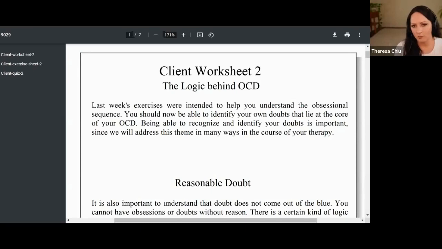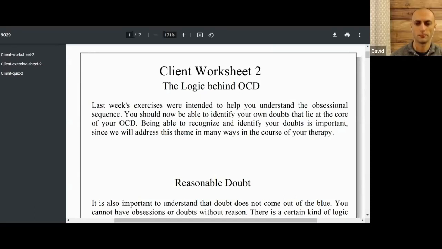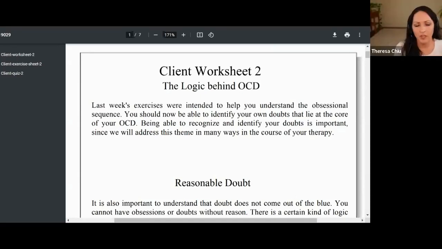In I-CBT, we're saying that actually there is logic, and we all use logic and reasoning to understand our day to day. We're not saying the logic is appropriately used in context, because something is out of context about OCD, but we're not going to talk about that a whole lot today.